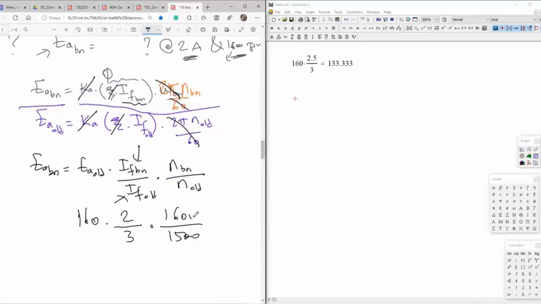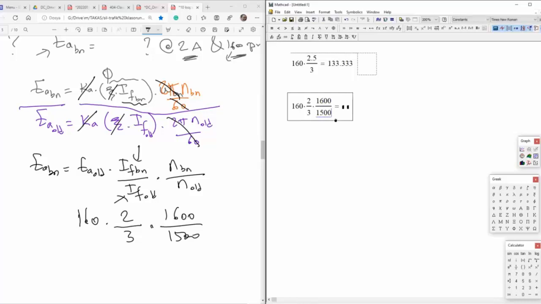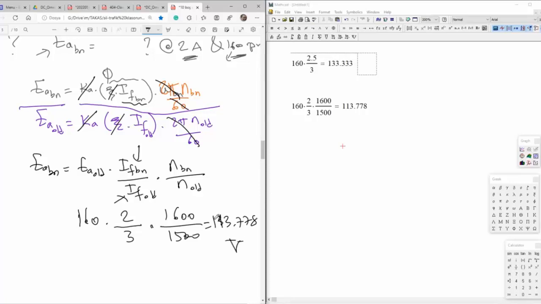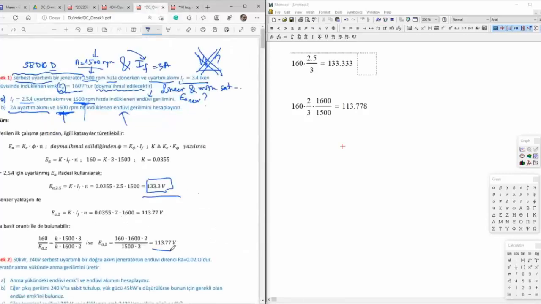Let's make the calculation: 160 times 2 over 3 times 1600 over 1500 makes 113.778 volts. Houston, that is the brand new final value under such a new excitation current and such a new speed. Here you see the same result.